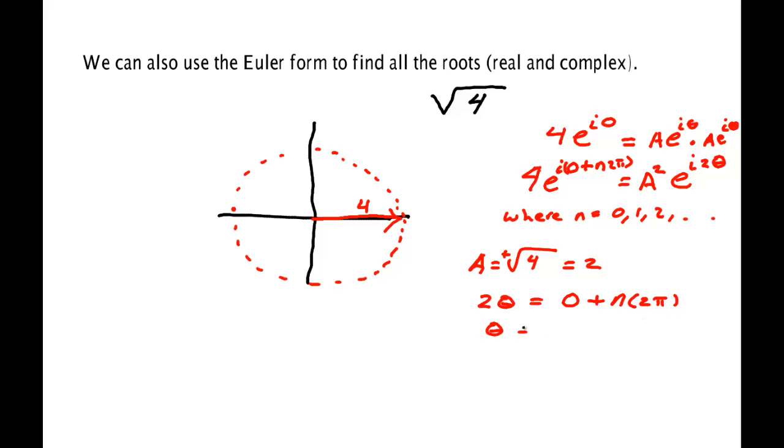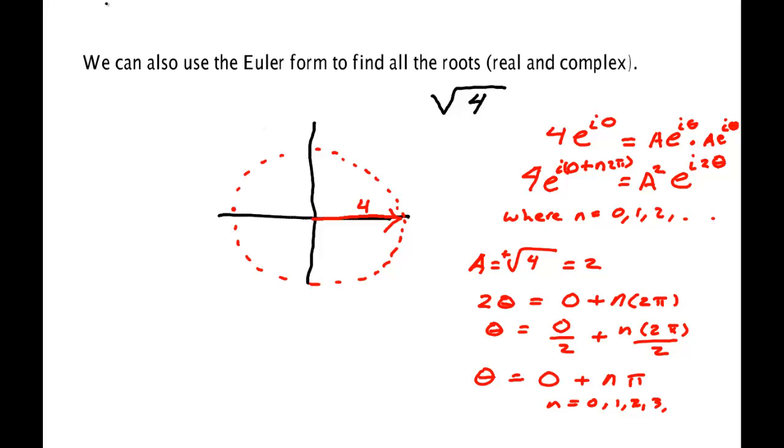So the angle is 0 divided by 2 plus n times 2 pi over 2. So theta is 0 plus n pi, where n is 0, 1, 2, 3, and so forth.